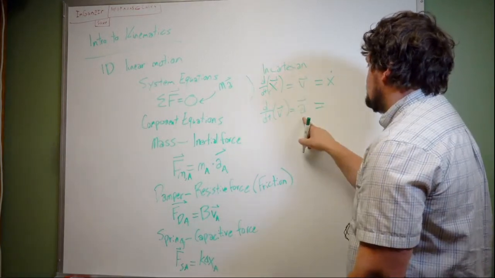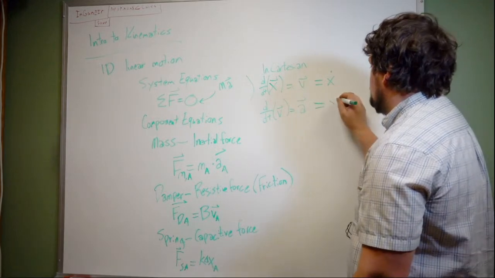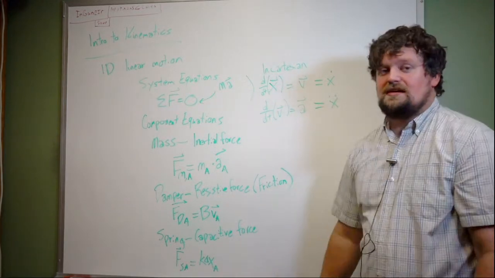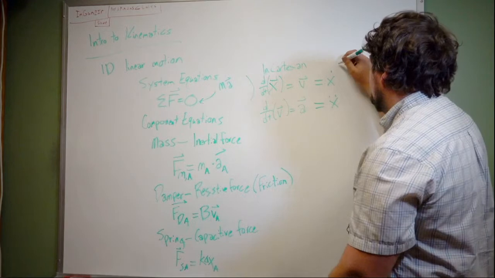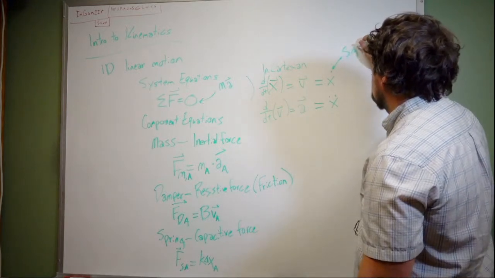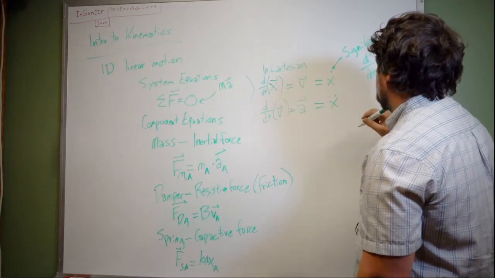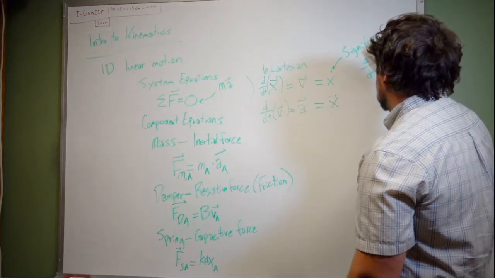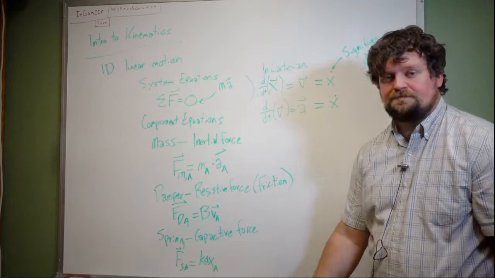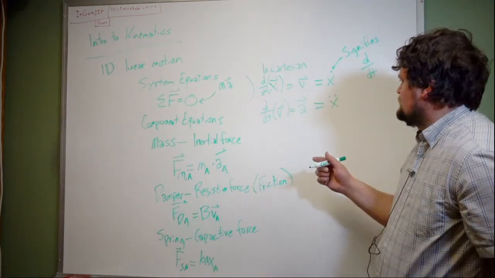And then acceleration, being a derivative of x dot, is going to be x double dot. The dot signifies that this is a time derivative. That is d/dt. So that's all the dot means.